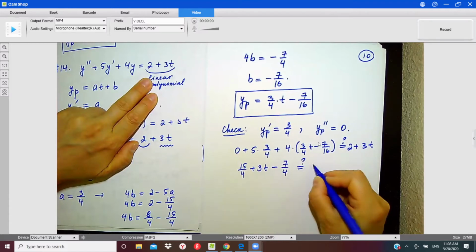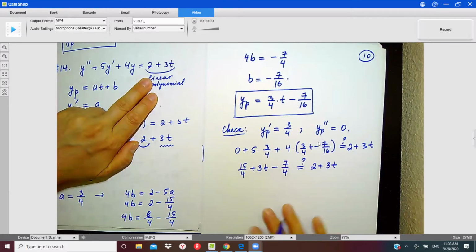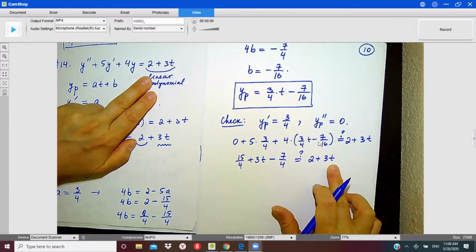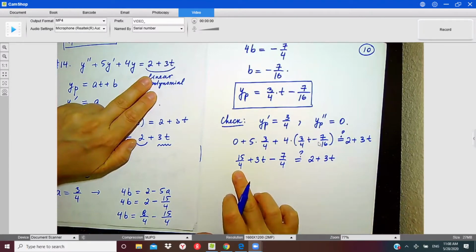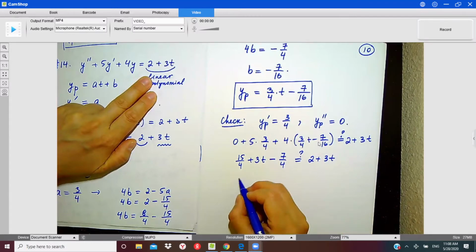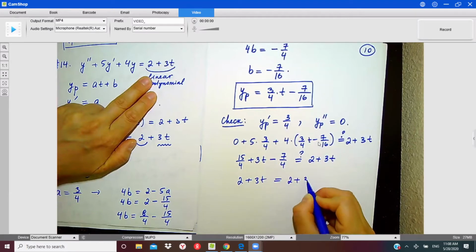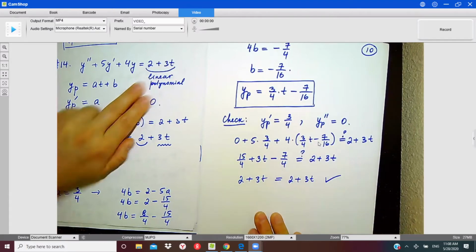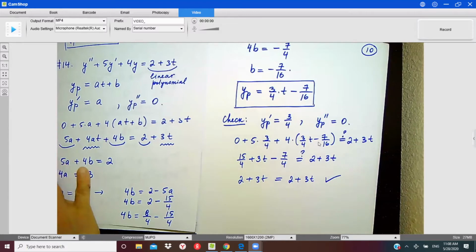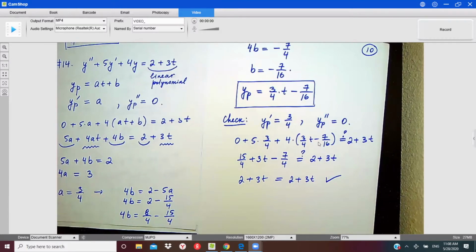And I want to make sure this is the same as the right-hand side. Yeah, 3t, but what about this? So 15 minus 7 is 8, right? So 8/4 is 2. So 2 plus 3t. Yes, 2 plus 3t. So yes, looks fine. Are there any questions, number 14?